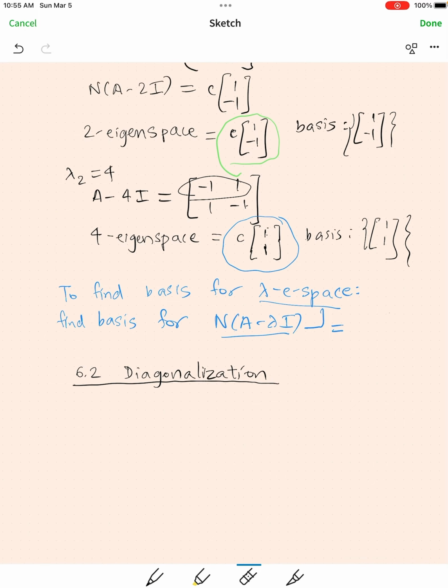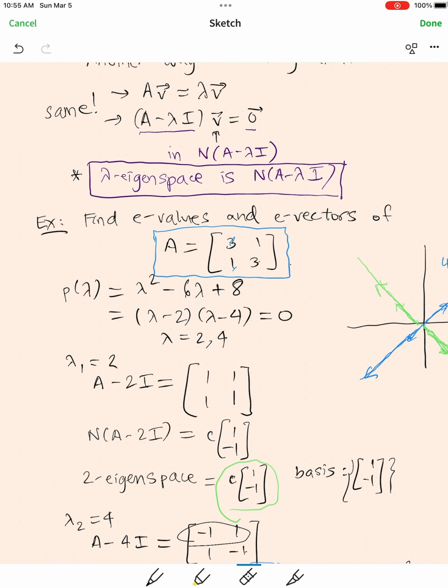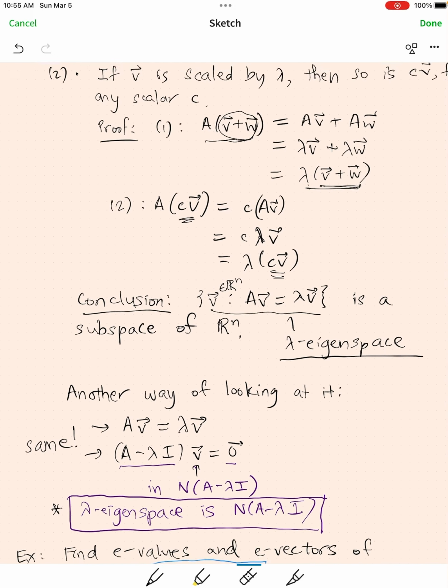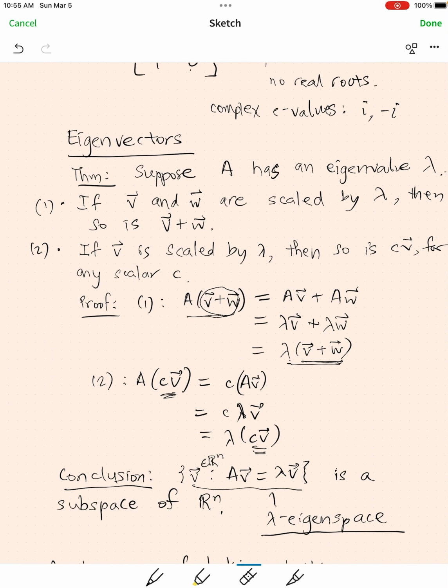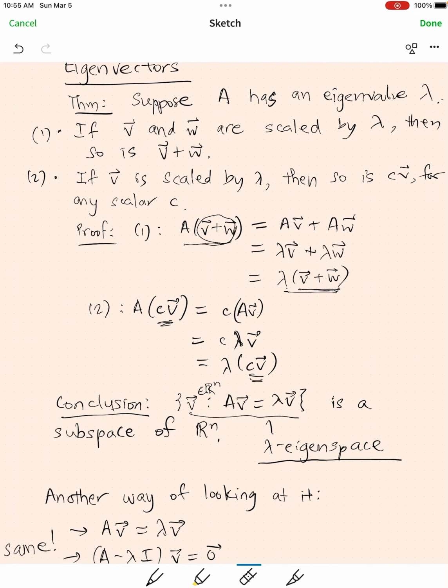So last time, let me scroll up. We were looking at examples of computing eigenvectors. Yes, we had eigenvectors, and we saw that the vectors that get scaled by a particular value lambda form a subspace, the lambda eigenspace.